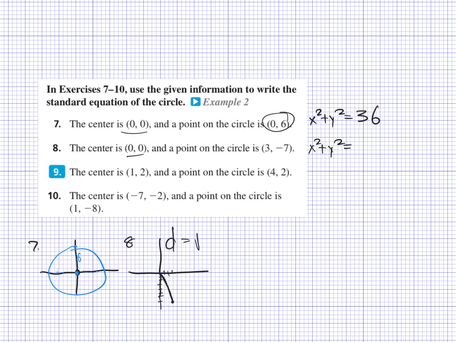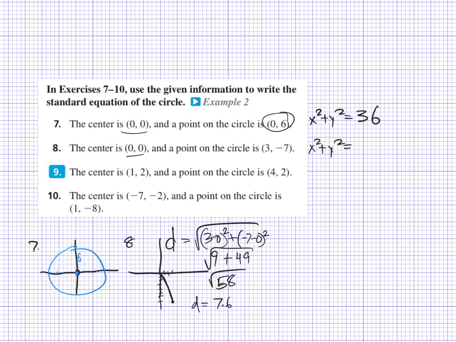So it's 3 minus 0, squared, plus negative 7 minus 0, squared. That's 3 squared, or 9. Negative 7 squared is positive 49. So we get the square root of 58, which is approximately 7.6.